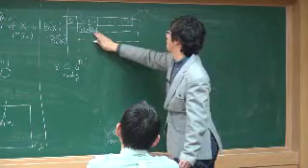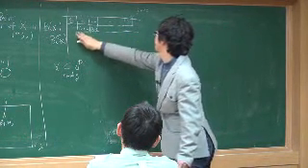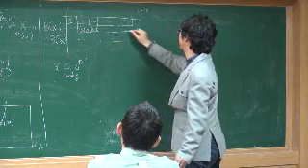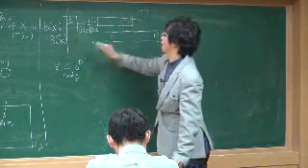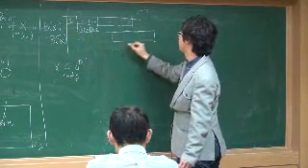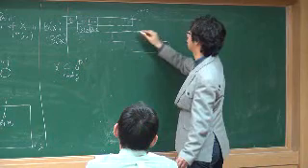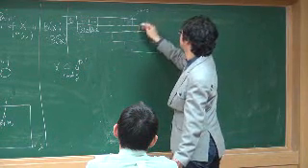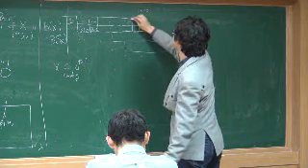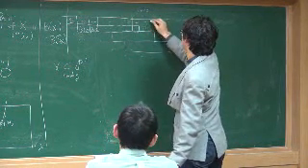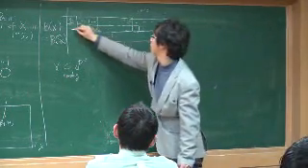If our variety is cut out by quadratic equations, then let's think about the following table.